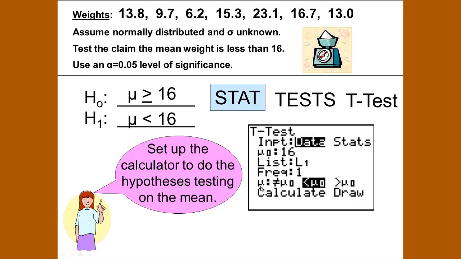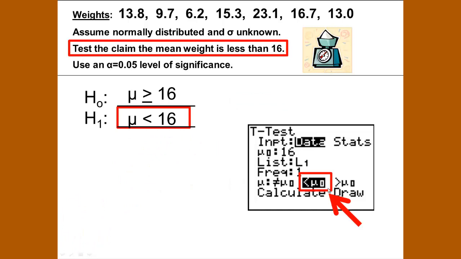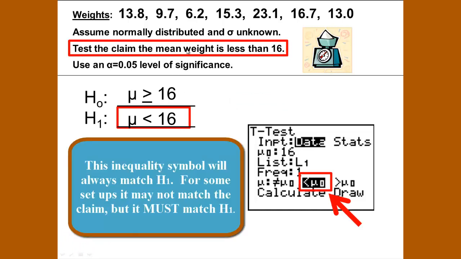Next is the decision here as to whether we're testing the claim to be not equal to, less than, or greater than. Our claim is that it's less than. So here we're testing the claim that the mean weight is less than, or our H1 is less than 16.